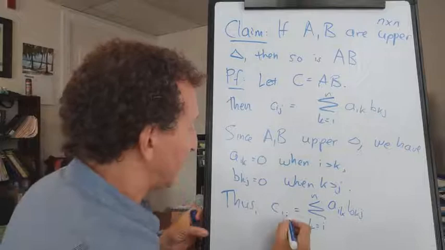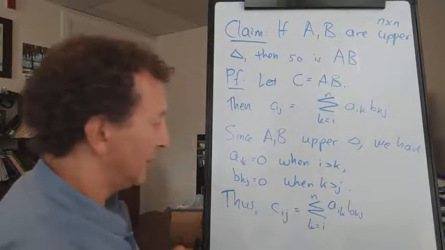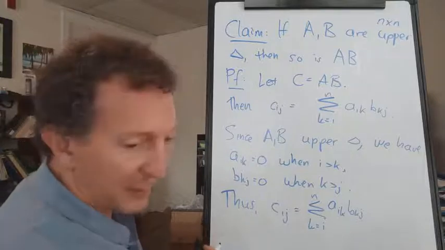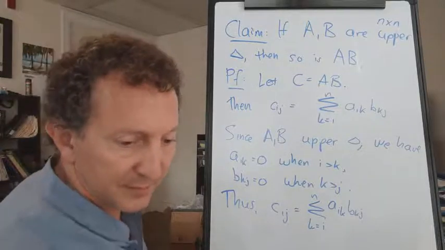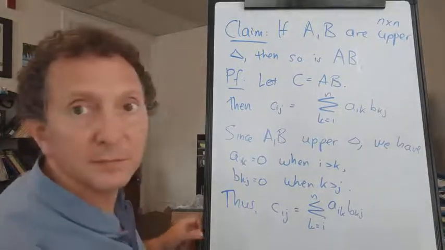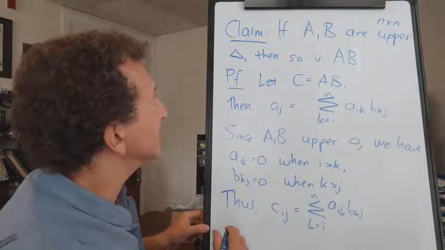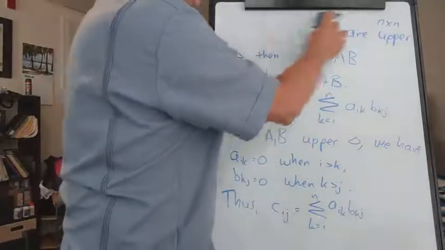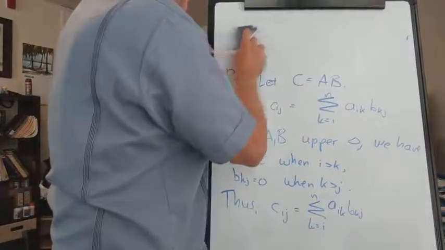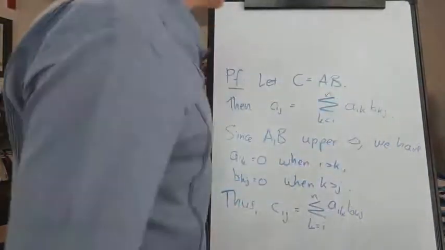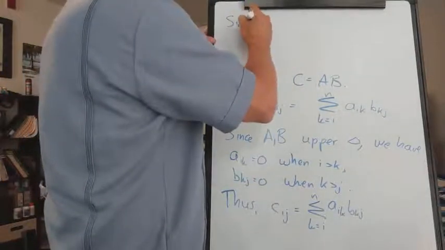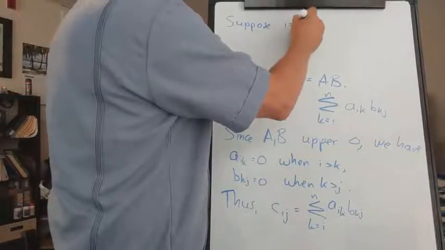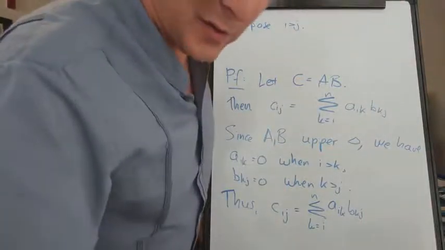And what does it say about C_ij? What happens if i is bigger than j? Is it certainly going to be 0? I think I'd better erase the top part. Suppose i is greater than j.